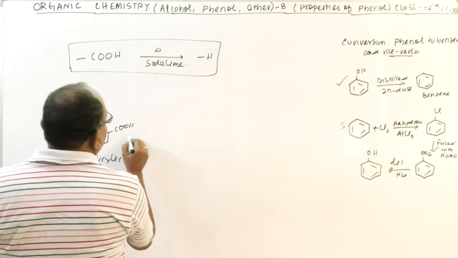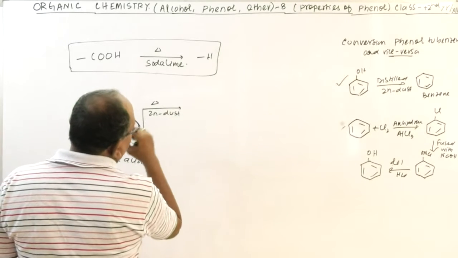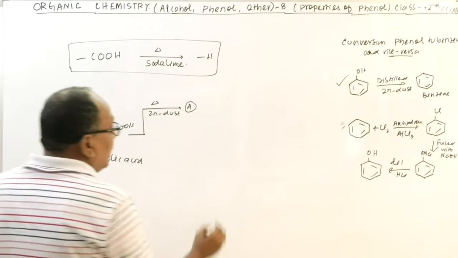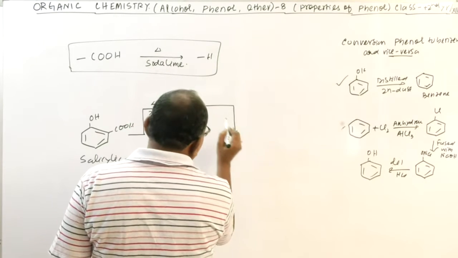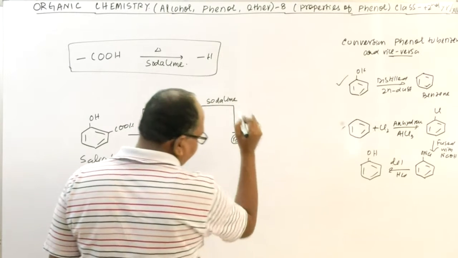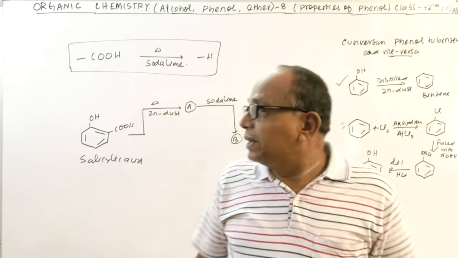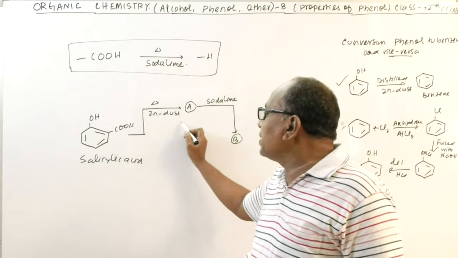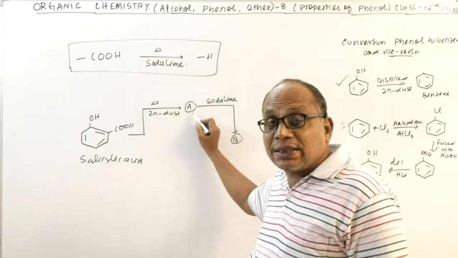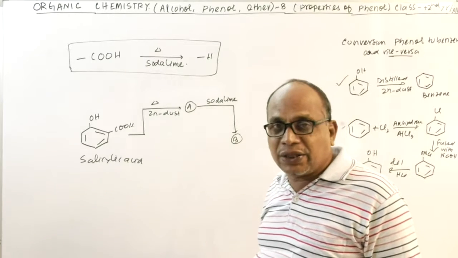Suppose the salicylic acid is heated with zinc dust, it gives A, and A when heated with soda lime gives you B. Okay, students, when the salicylic acid is heated with zinc dust, the OH is removed and it becomes a carboxylic acid. When the carboxylic acid is heated with soda lime, it gives you what? Benzene, because the COOH group became H.